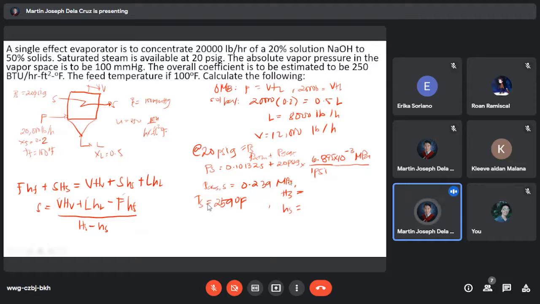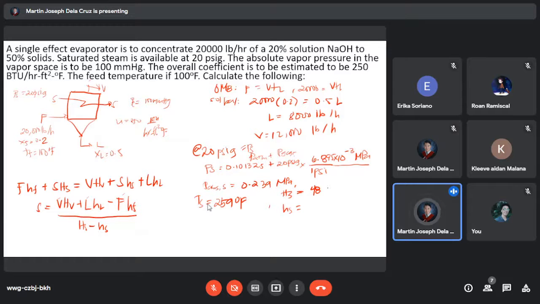What is the saturated liquid? Bea, nakuha mo na? And Erica. Okay. So, bigay ko na lang. So, pag mag-review kayo, recheck nyo na lang, okay? Para maganon yung time natin. So, I have here 48.898.